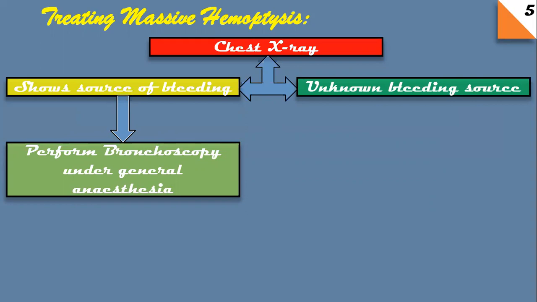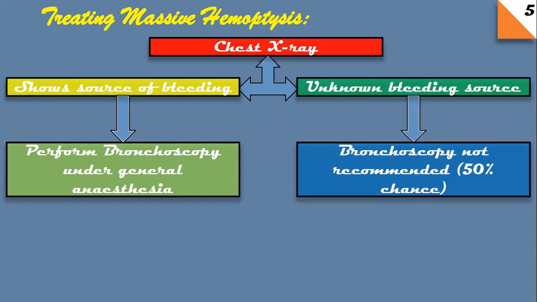Whereas if we do not know the bleeding source, then it is not good to perform bronchoscopy, because here we have a 50% chance of looking towards the bleeding lung, because there are two lungs, and when we put the bronchoscope on one lung to see where the bleeding occurs, then there's 50% chance that the intubated lung might be the bleeding lung.